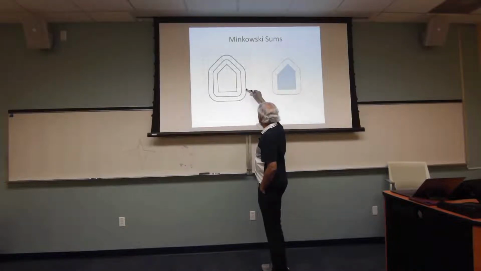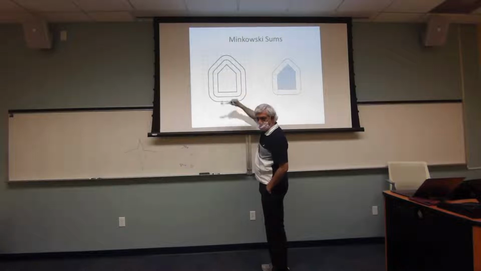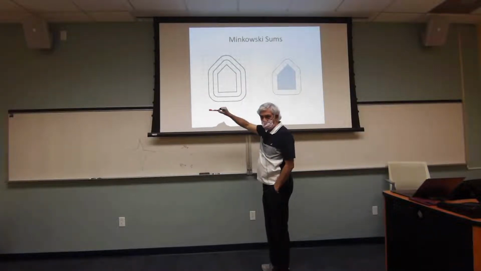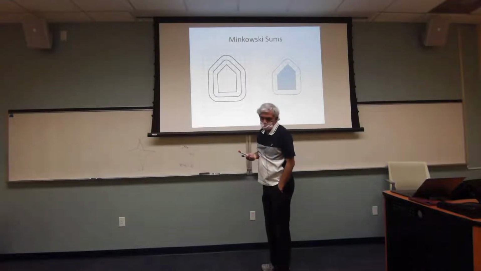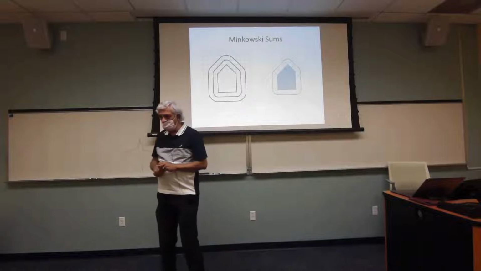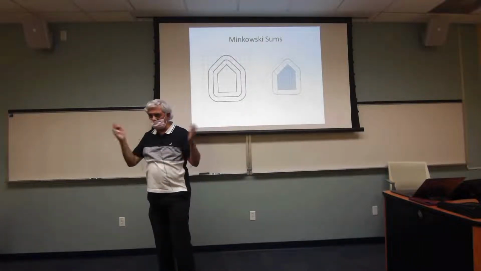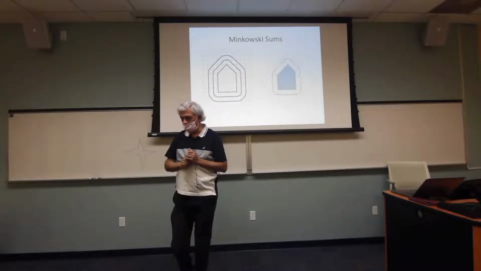If I take any point here, it's at distance d from some point here, which in turn is at distance d from some point there. And so therefore, all these must be within 2d of the start point. That's it. That's all I need. So it's enough for me to just expand by 2d and I'll be done. Is that clear?